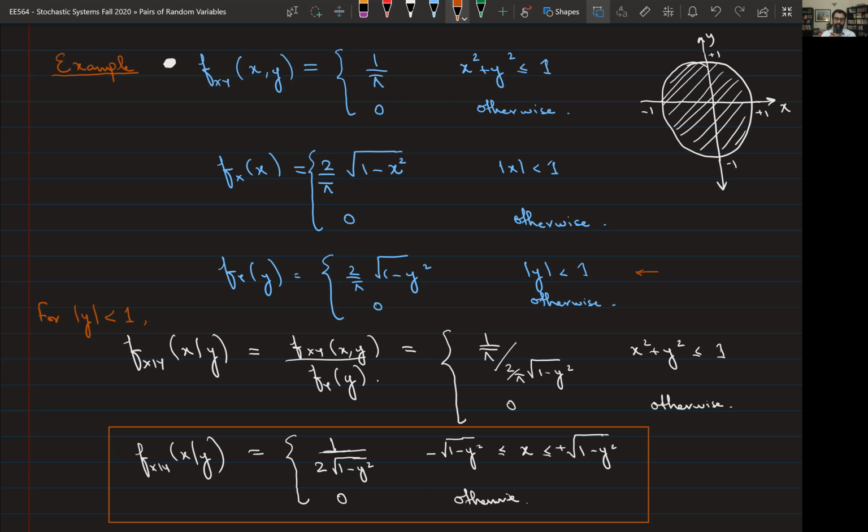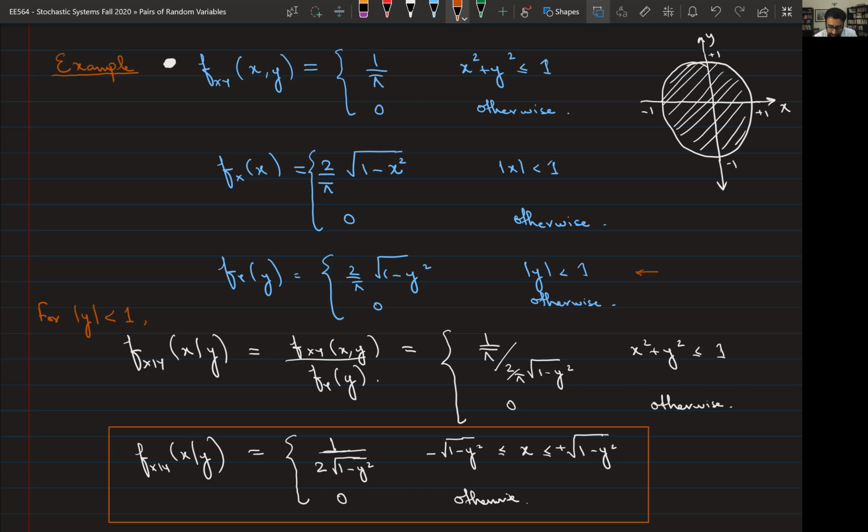It turns out that given y, x is uniformly distributed between some range, symmetric around zero, between some negative value and some positive value. It's just that those values depend on what observation of y you had.